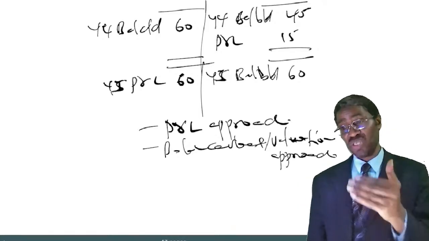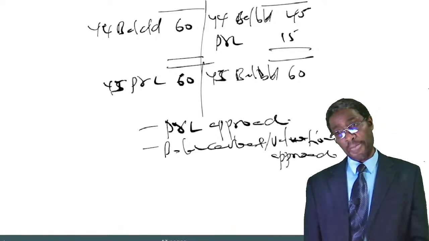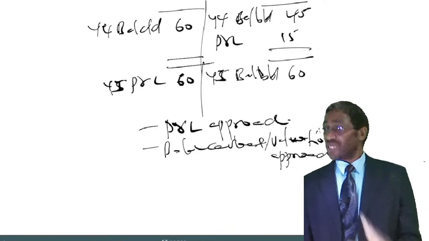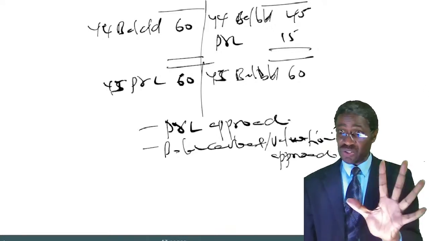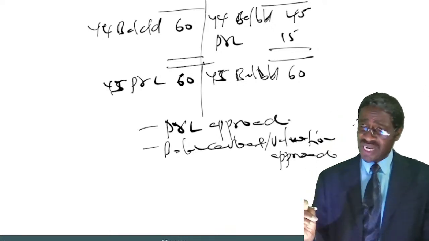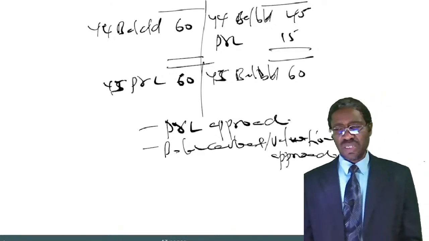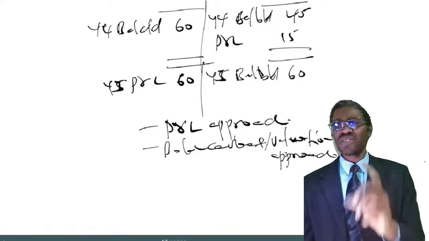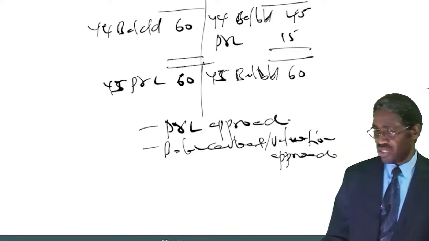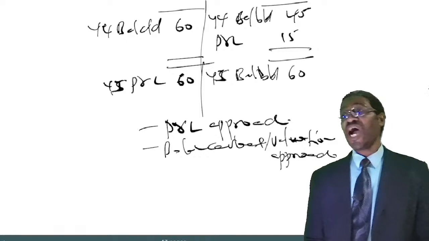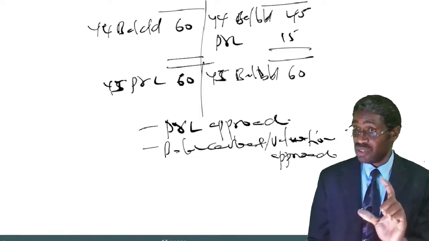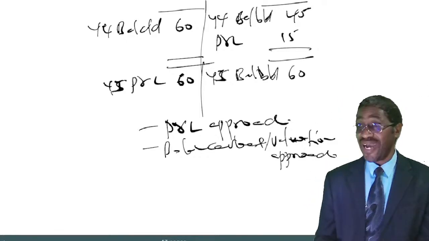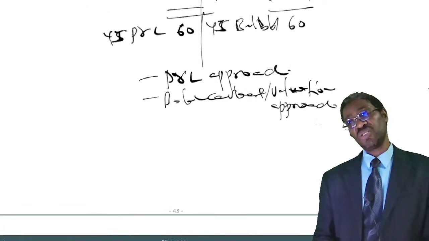The first one, the profit and loss, is still there, but the accounting standard recommends the use of the valuation approach. So let me demonstrate again how to compute deferred tax using the balance sheet or valuation approach.